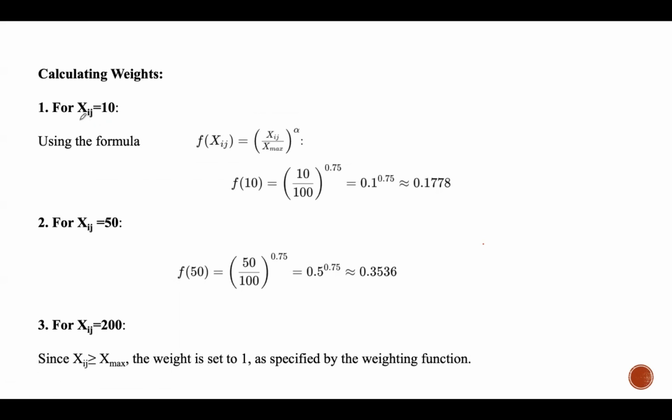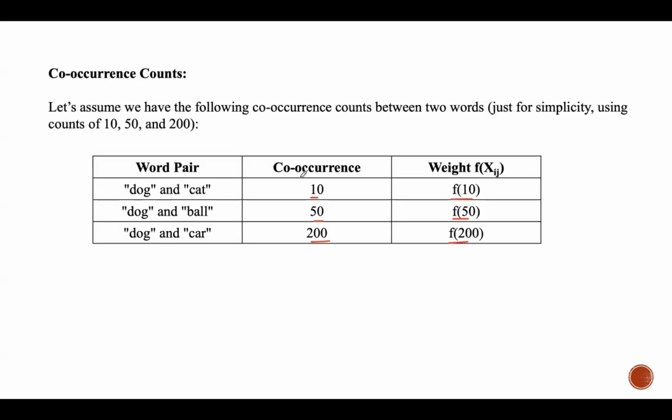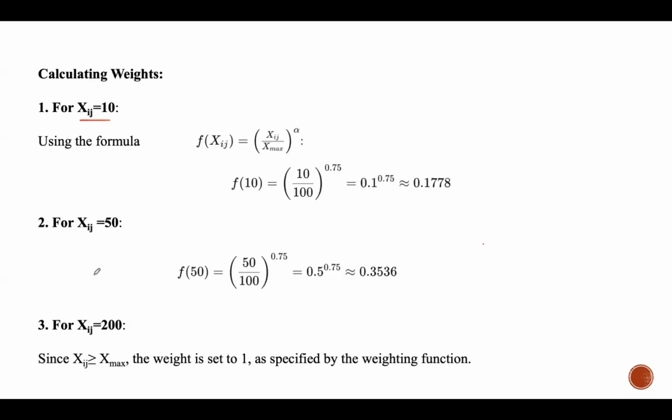First we have Xij equal to 10. Substitute the values in the formula. Here the Xij value is 10, so replace that. And X max is nothing but 100, and the alpha value by default is set to 0.75. So we got this value. Similarly for 50. And the third value is 200.